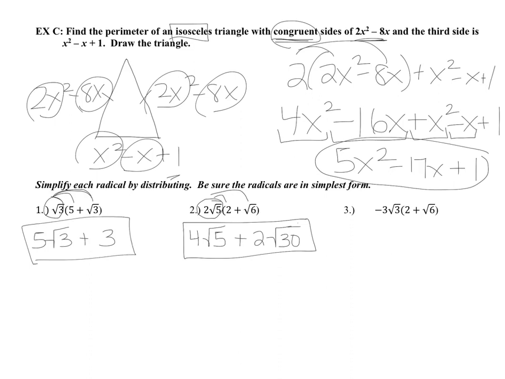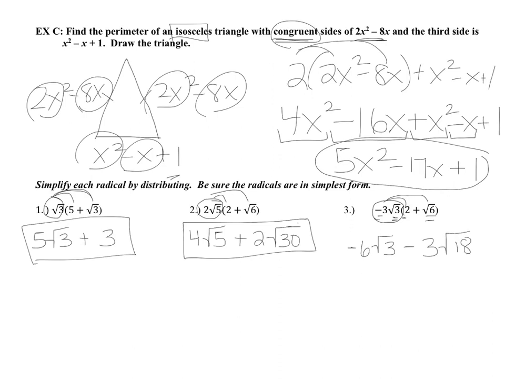Now the next one, I'm going to multiply the square root of 3 times the negative 3 square root of 3 times 2. So the negative 3 and the 2 go together because they are integers. So we get negative 6 square root of 3. And then we're going to do negative 3 square root of 3 times the square root of 6. So my square root of 3 and my square root of 6 can go together to give me negative 3 square root of 18.